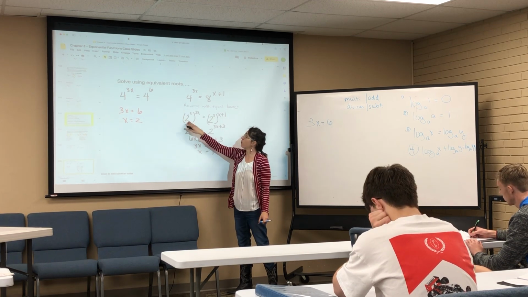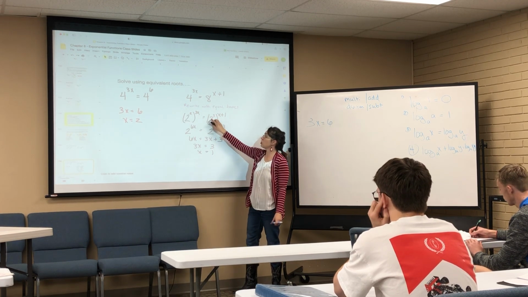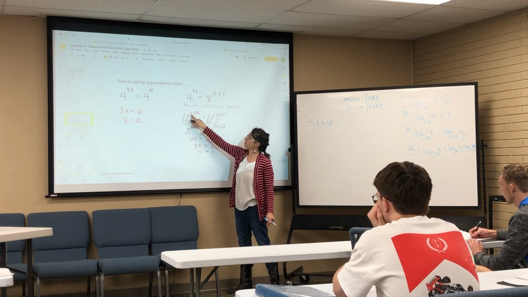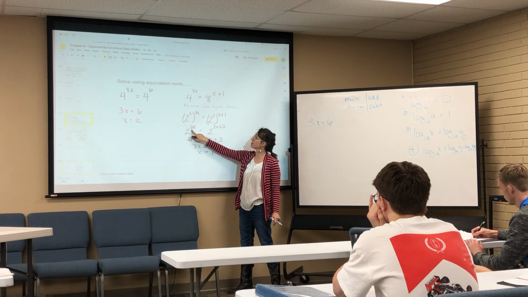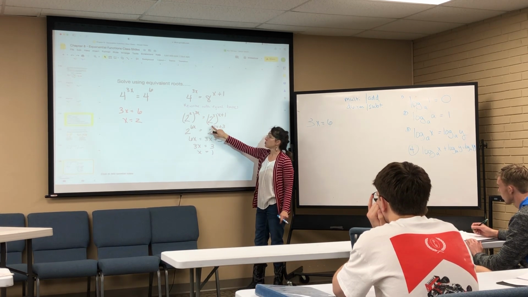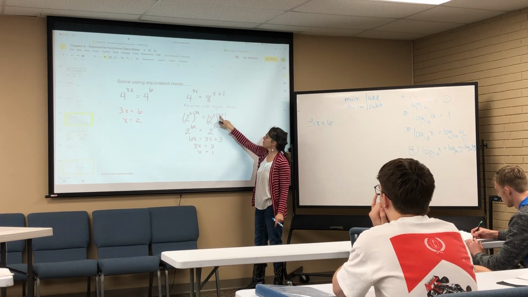We're rewriting 4 as 2 squared, rewriting 8 as 2 cubed so that my bases match. I now have a power to a power, so the left side is 2 to the 6x, because I have 2 times 3x, remember? That's why it's important to know our exponent rules. I now have 2 to the 3 times x plus 1.